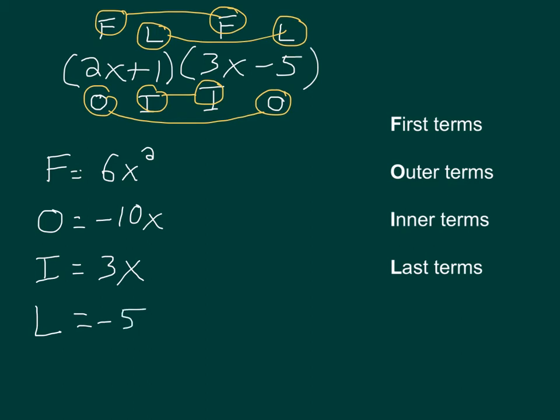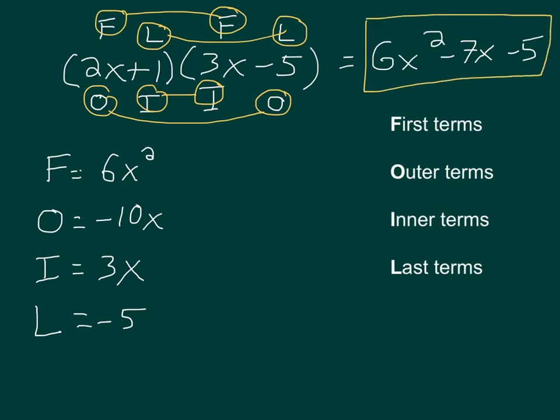Now, similar to with the Punnett square, I'm going to take these four things and combine them. So this is going to equal 6x squared minus 10x plus 3x. I can combine those automatically and just make that minus 7x. And then I have nothing that my minus 5 will connect to, and so that's what I'll tack onto the end. And 6x squared minus 7x minus 5 is going to be my final answer.